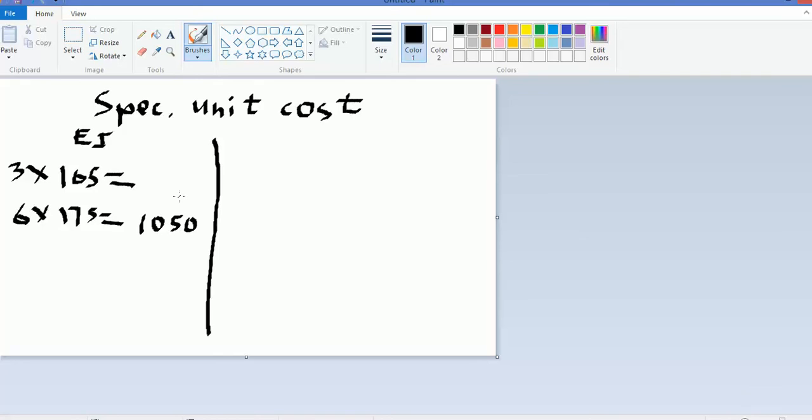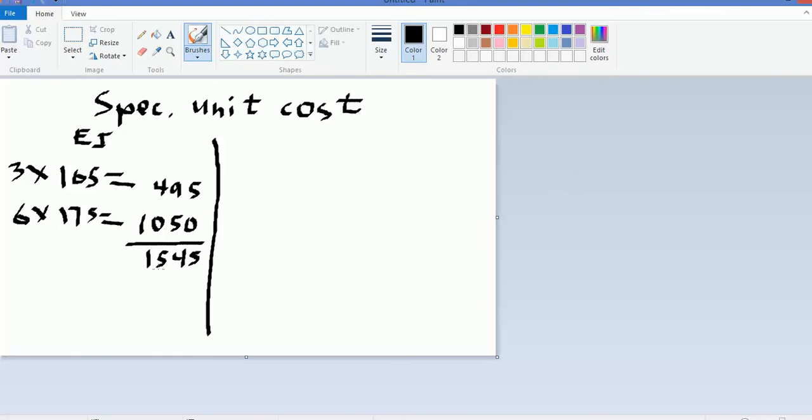And 3 at 165 is 495. When you add this up, you get 1545. Okay, and that's the sum of 495 and 1050.